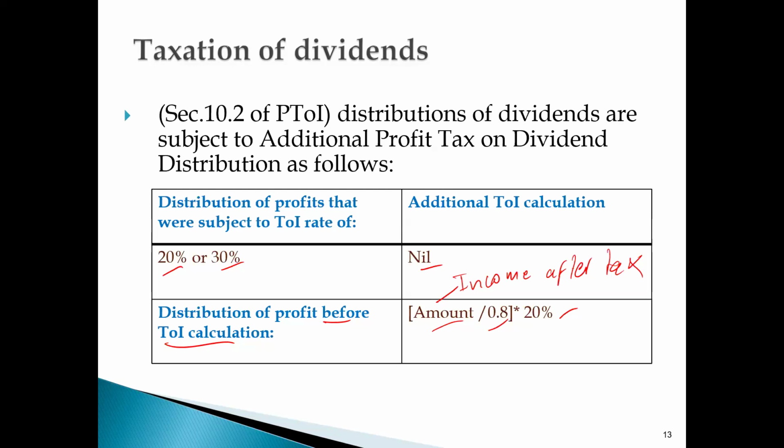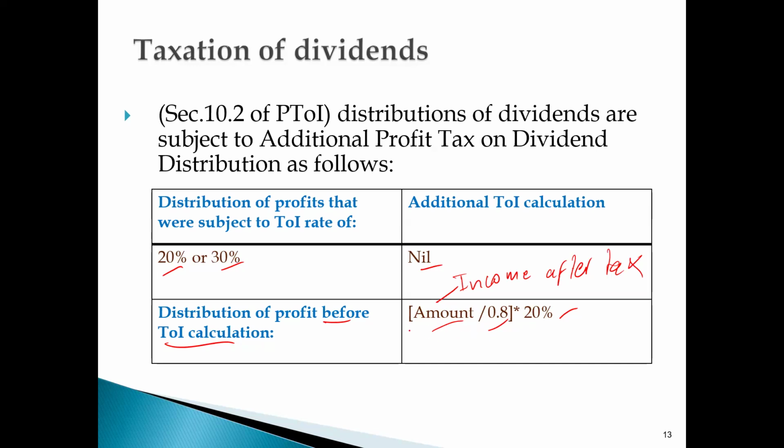So whatever they get is the amount after tax. Okay, and the tax base for the income tax or direct tax is the amount inclusive of tax, and that's why they take the amount that the shareholder receives divided by 0.8. So why 0.8? Because the tax rate is 20%.